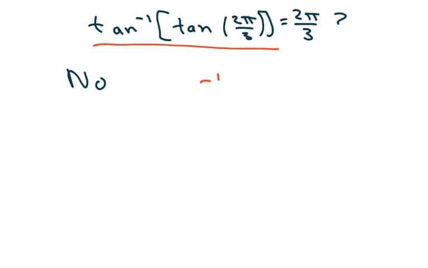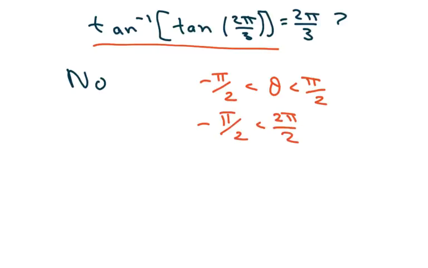We know that for tan, the angle must be in between negative pi over 2 and pi over 2. Well, it is not in between, just like the last problem. So this is 2 pi over 3, and clearly that violates it.